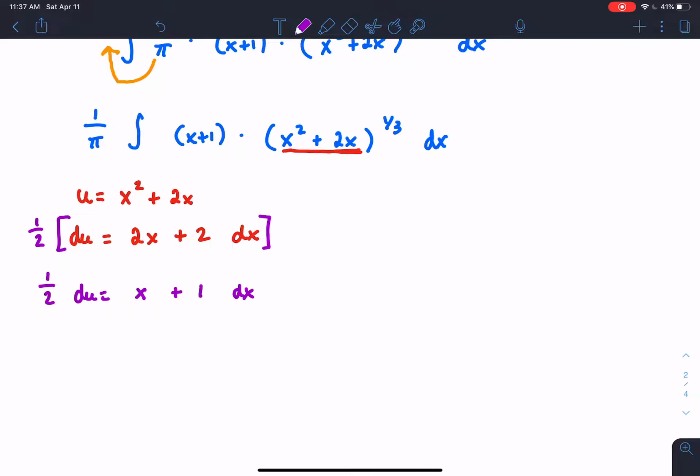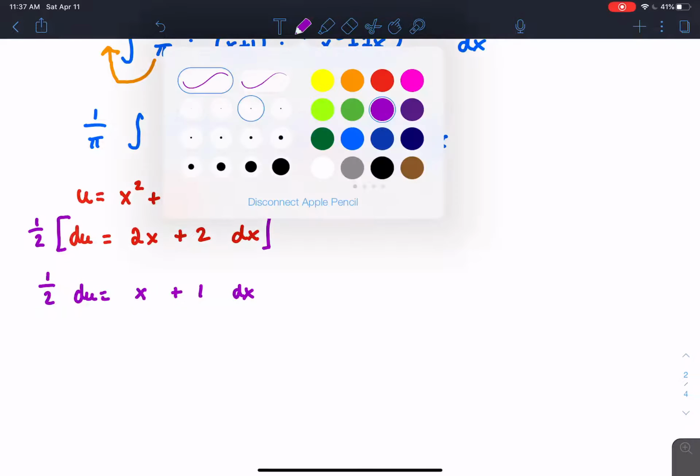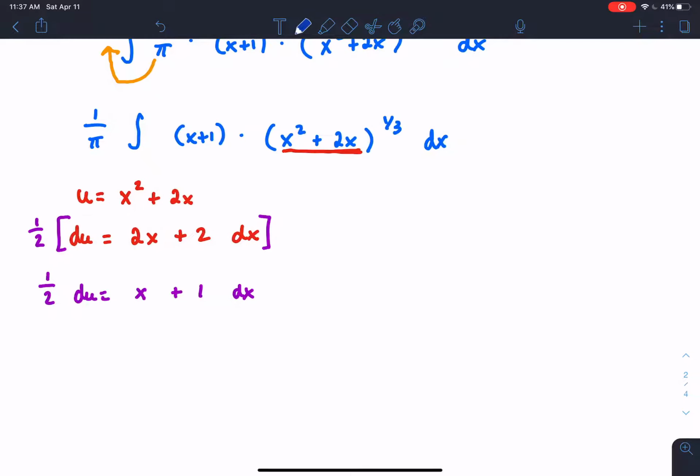So when you rewrite the equation now, you have 1 over pi that was out there originally, and now you can put 1/2 out there as well. And then it's u to the 1/3 du. So 1 over pi times 1 over 2 is 1 over 2 pi.